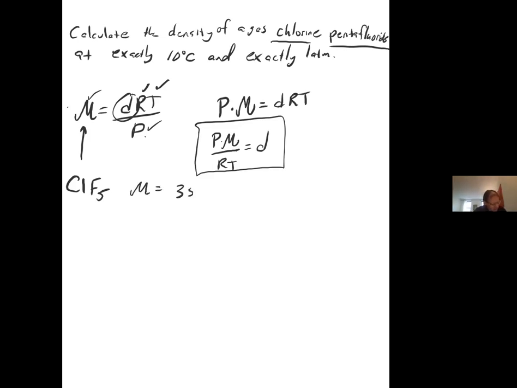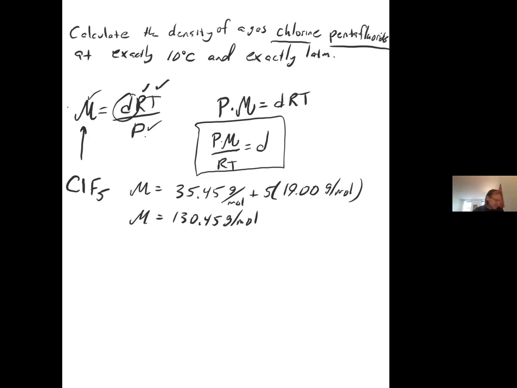Chlorine is 35.45 and fluorine is 19.0. Okay, so there we can calculate that molar mass right there. So 35.45 plus 5 times 19, and you get 130. Okay, so there's your molar mass.